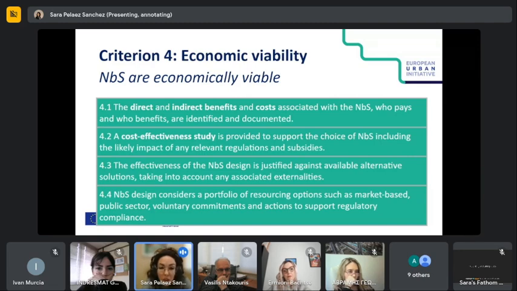You need to do a cost-effectiveness study, including all the regulations and subsidies. And then you need to justify that your intervention is best compared to other available options. And you need to design the NbS considering a portfolio of resource options: market-based, public sector, voluntary commitments, and actions to support regulatory compliance.